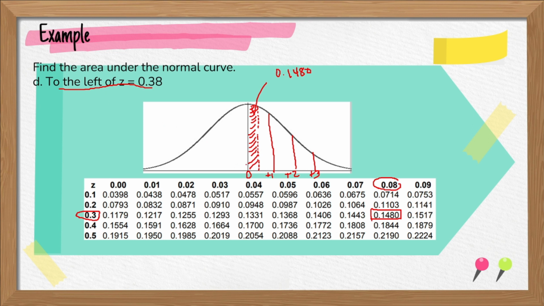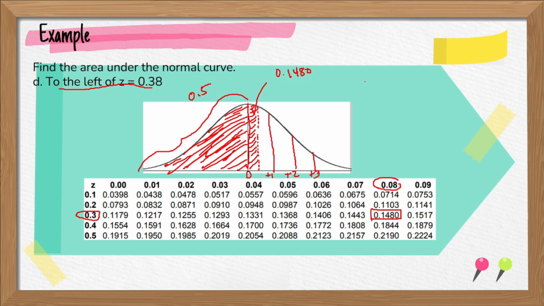Pero, ang sabi sa question is to the left. So, that means, yung area dito sa left, kasama si 0.38, kailangan nating i-shade. So, ano ang area from 0 up to here? So, ang area niya, kalahati ng curve is 0.5. So, kanina nag-minus tayo, no? So, ngayon naman, dahil kailangan natin kunin yung area nito, i-add natin siya dito sa area ng 0.38.